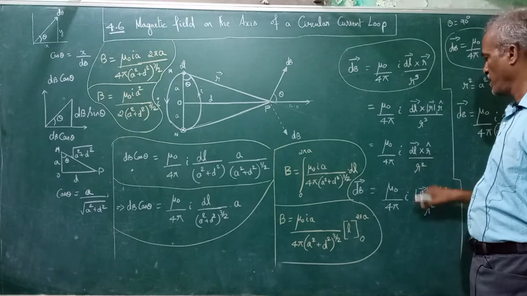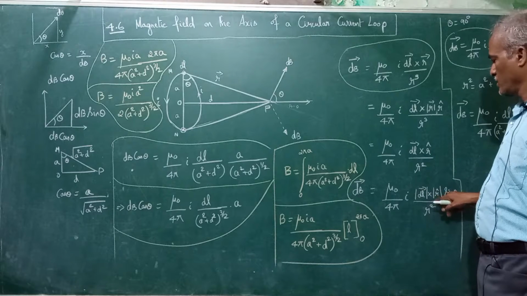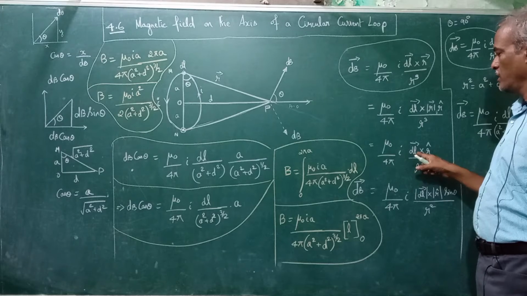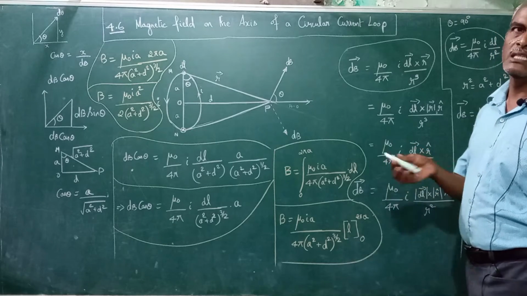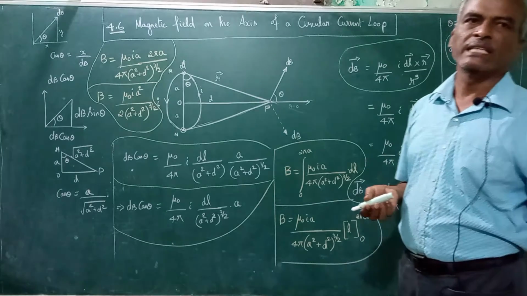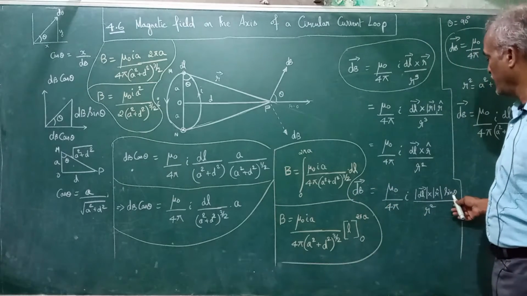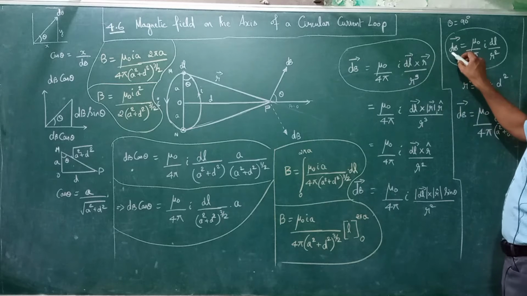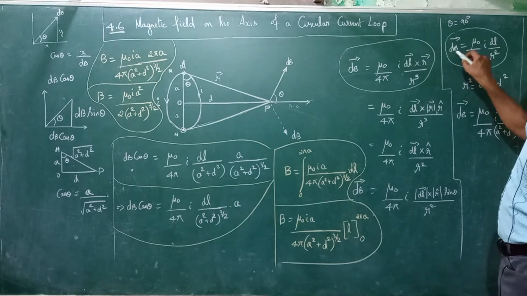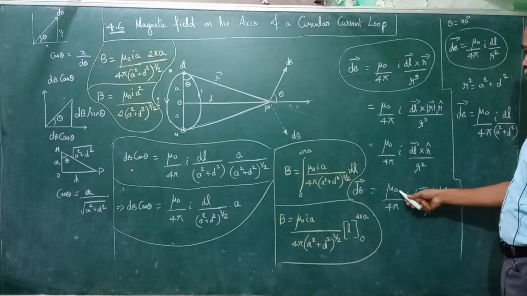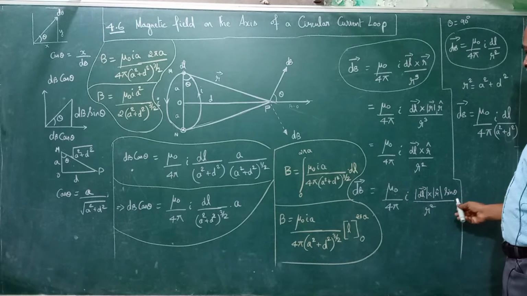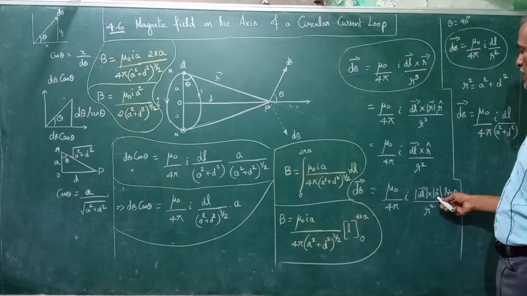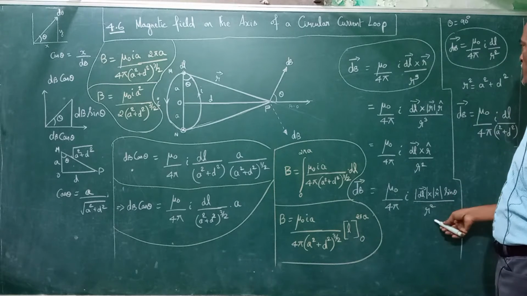So the magnitude of dl, the magnitude of r cap, which is 1, multiplied by sin theta. I already told you dl cross r, the resultant is perpendicular, so the angle is 90 degrees. So sin 90 is 1, therefore dB vector, the magnetic flux density vector, is equal to mu naught by 4 pi, I dl by r square.